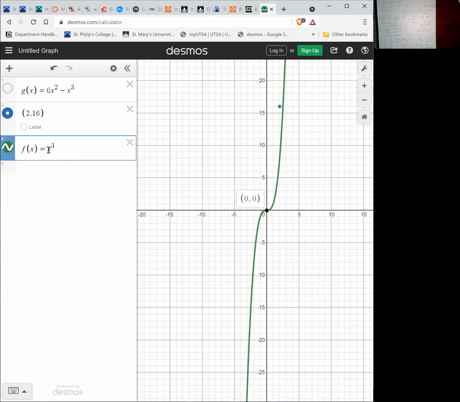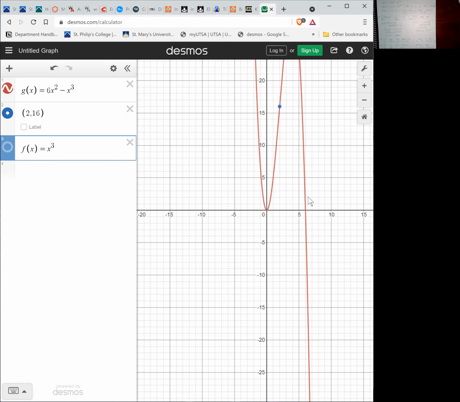You set it to 0, the solution would be 0. So 0 is a critical number, but it's also an inflection point because it's concave down up to here and then suddenly concave up from here. So this is an inflection point and a critical number, but it is not a max or a min. It could be a local maybe, but anyway.